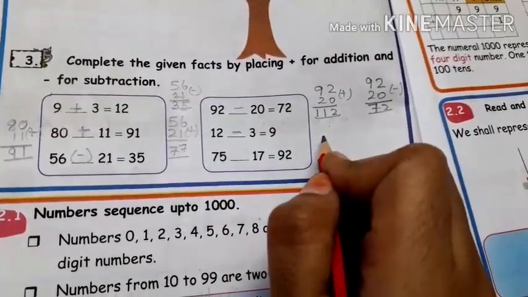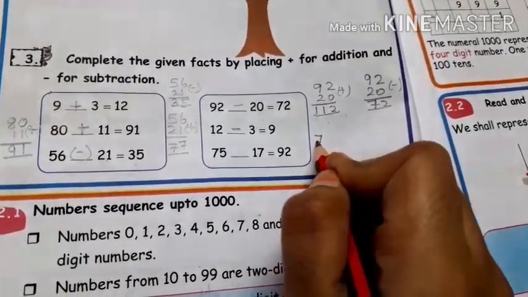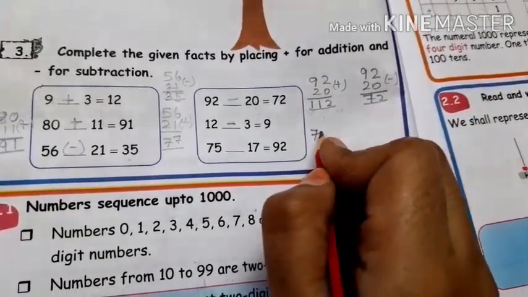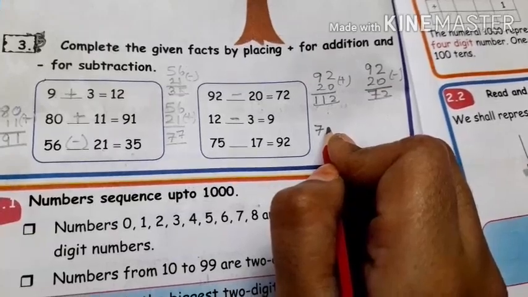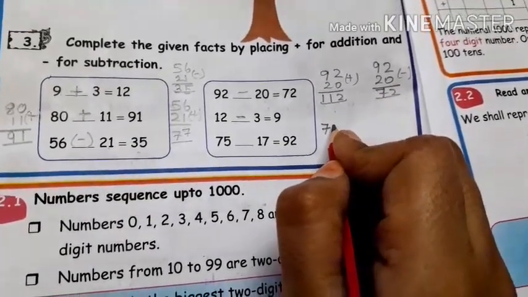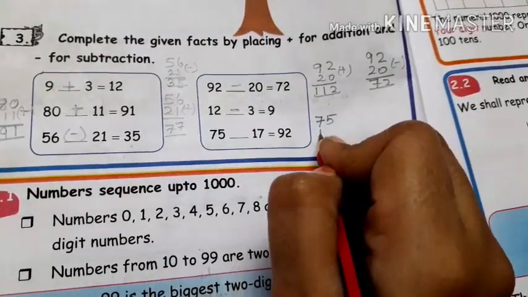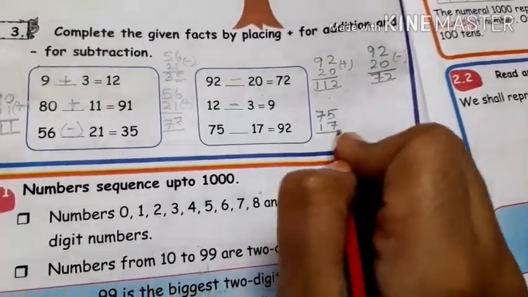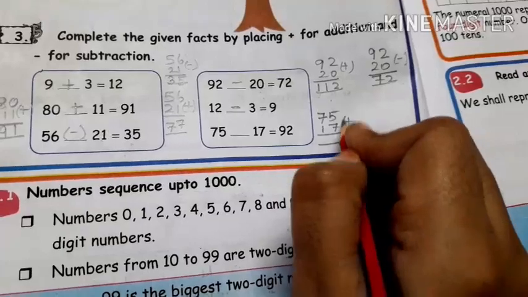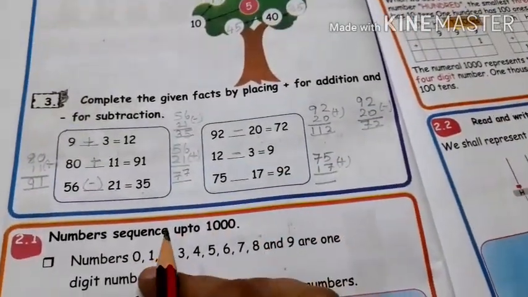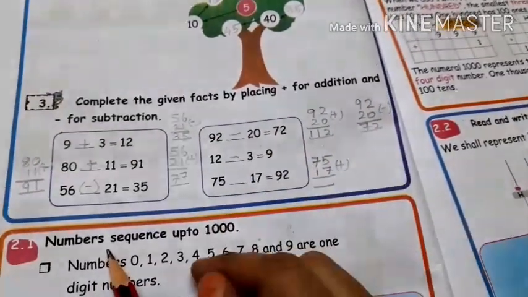Then 70. This is a big number, no? You have to do it at the side. Okay. This is a big number. So you have to do it at the side. First add. 5 in the mind, 7 on the finger.